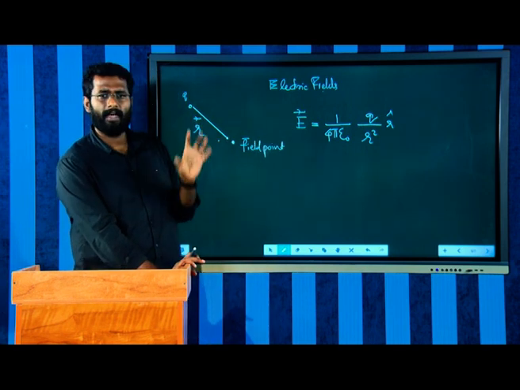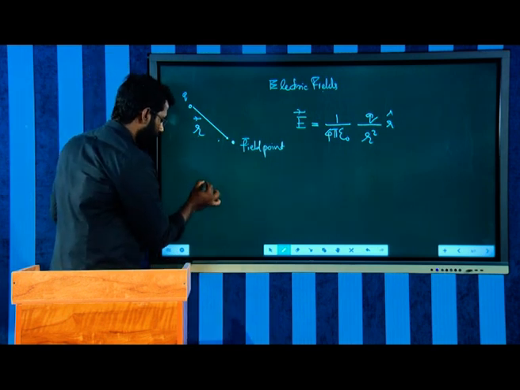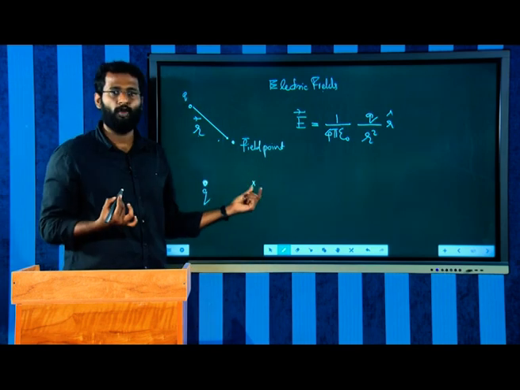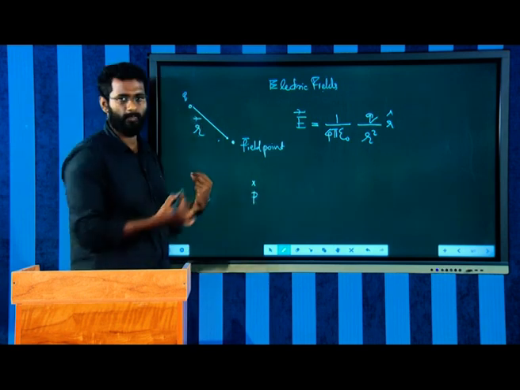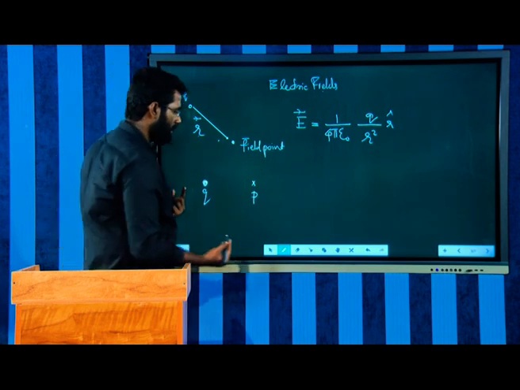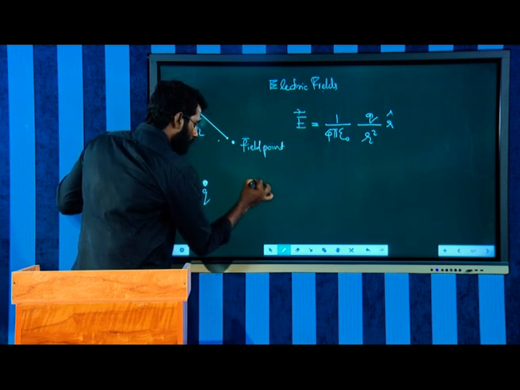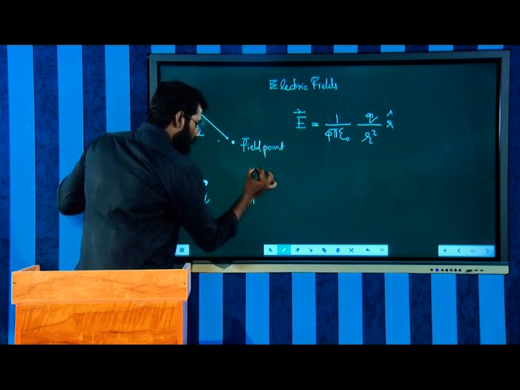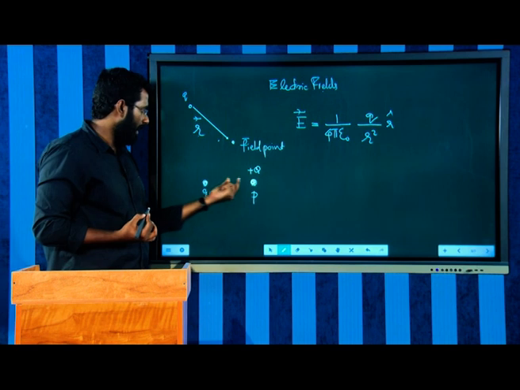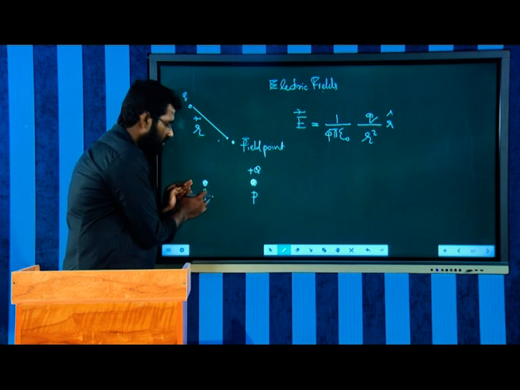So if you want to find the direction of electric field at a particular point, you can do this. Suppose you have a charge Q here, and you want to find the direction of electric field at this point P. What you have to do is take a positive charge, some plus q, and place it here. Then this is positive and this is positive.